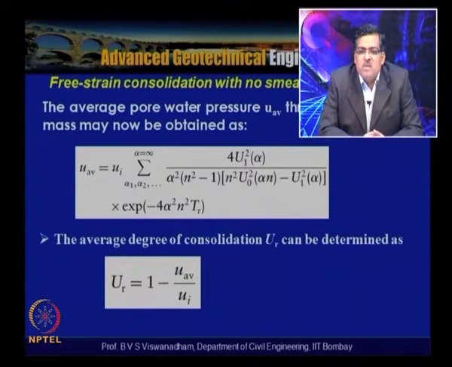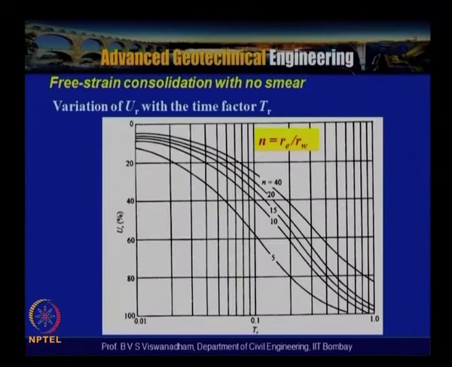So, the average degree of consolidation in the radial direction is Ur is equal to 1 minus U average by Ui. With that you will get the U suffix r.